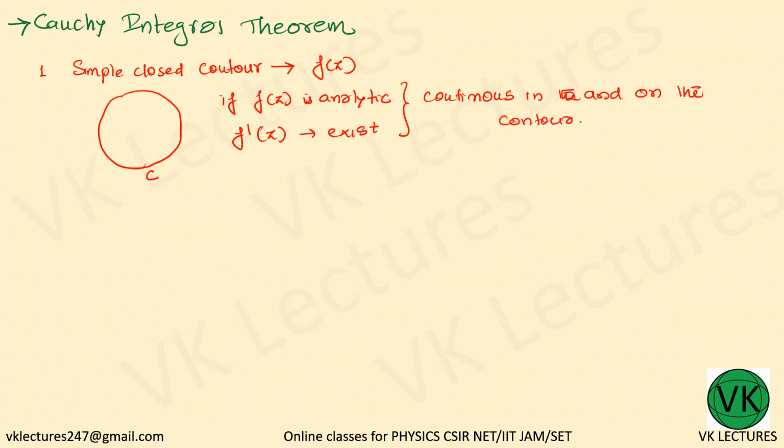Right? So now what does this mean if it is analytic? When you take the integral over this contour C, the closed integral of f of z dz will be equal to 0. This means that the integral is independent of the path followed.